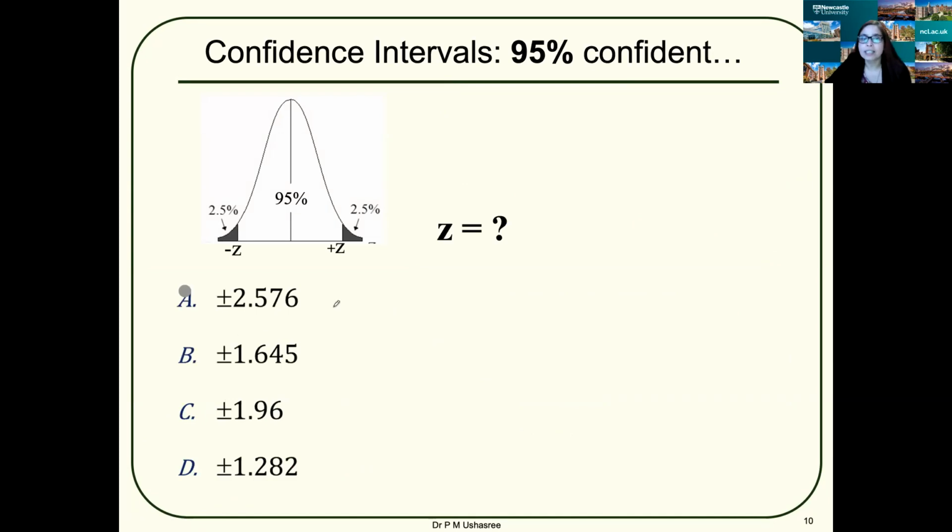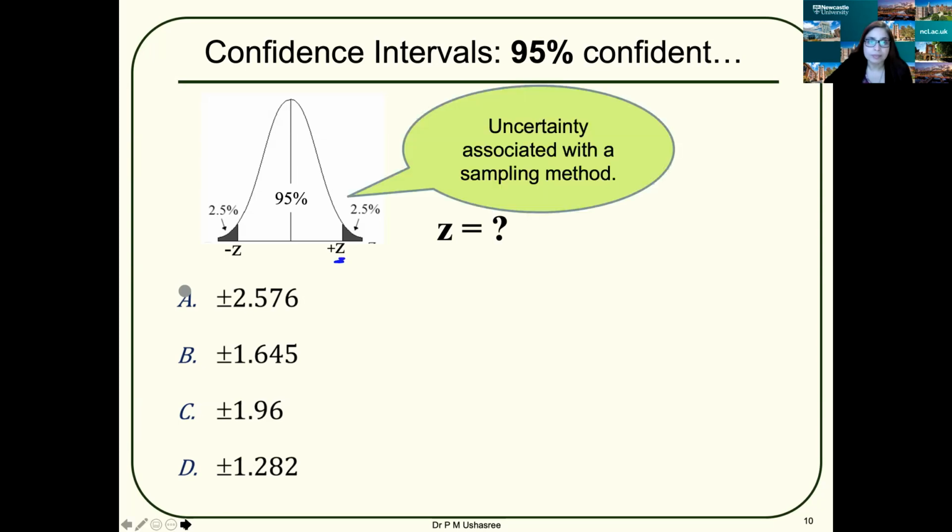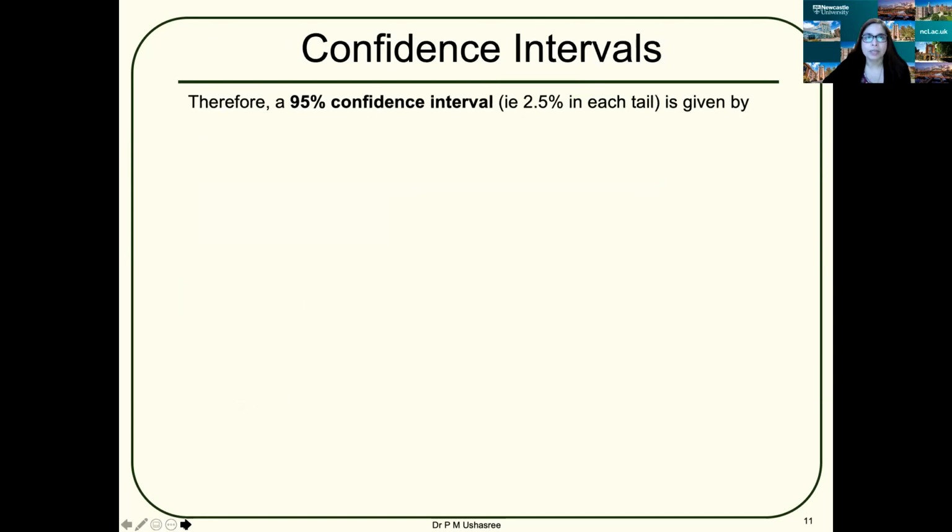Before that, can you please choose the right answer here? For 95% confidence, what is the Z value, this value? Yes, that's right. Good. This is because it's based on the sampling method you choose. There is always an uncertainty associated with it. Therefore, for a 95% confidence interval, you have a 2.5% tail on each side.